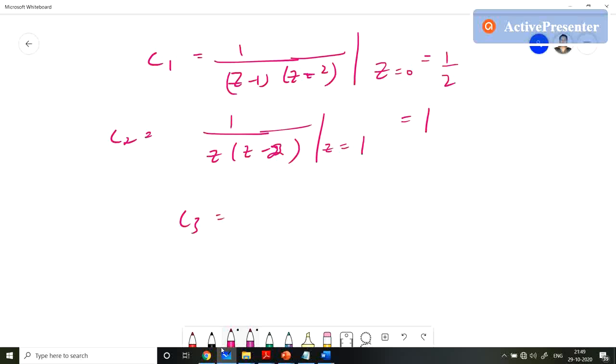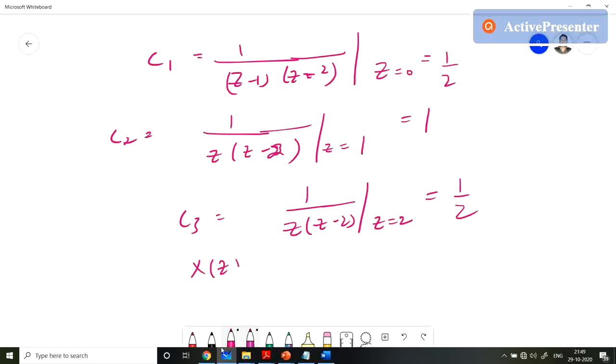And C3 is 1 divided by z(z minus 1) at z equals 2, so it is equal to 1 by 2. So C1 is 1 by 2, C2 is 1 and C3 is 1 by 2. So substituting the values of C1, C2 and C3, what will we get?